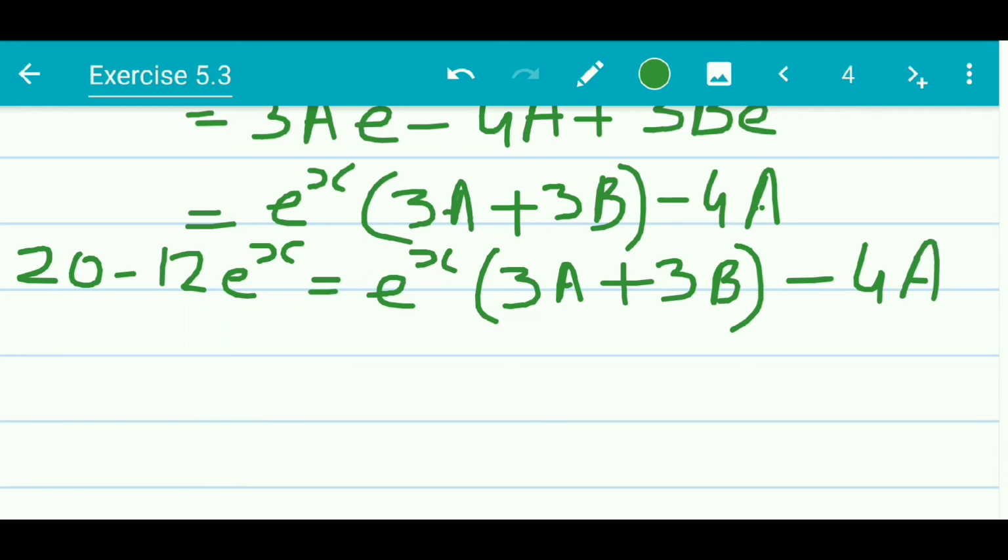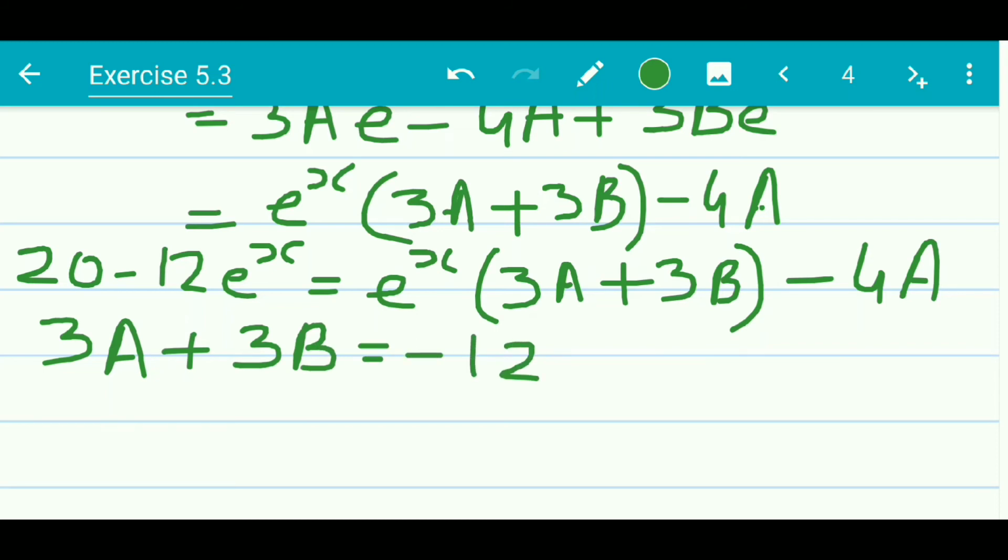So we take the e raised to x terms together. So we get 3a plus 3b is equal to minus 12, and therefore we can write a plus b is equal to minus 4.